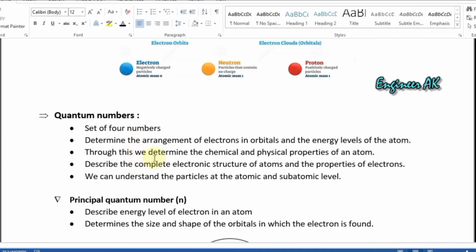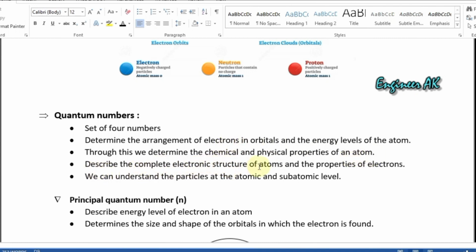Through this we determine the chemical and physical properties. If we know the arrangement of electrons in orbitals, we can find what chemical and physical properties an atom possesses.